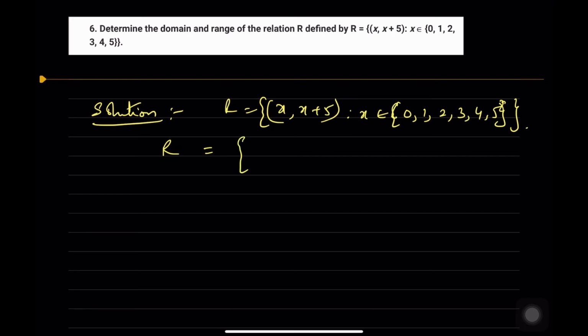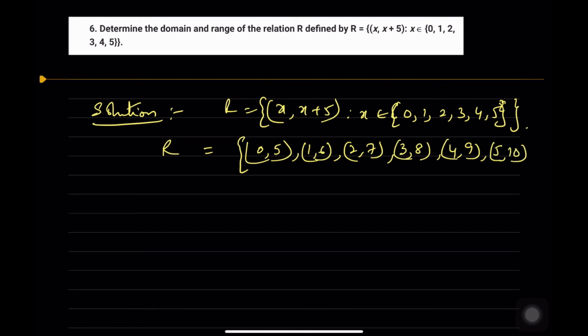So first we'll write down the relation. We have 0 comma 5, because if x takes 0, y will take 0 plus 5, that is 5. Then you have 1, 6, then 2, 7, then 3, 8, then 4, 9 and 5, 10.